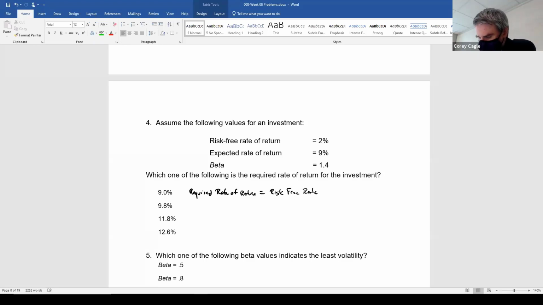That premium is going to be beta times the expected rate of return minus the risk-free rate.